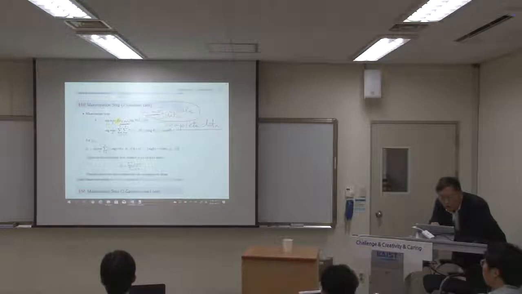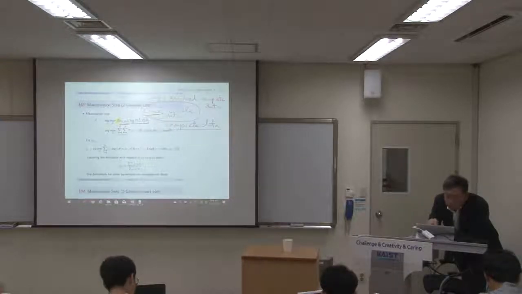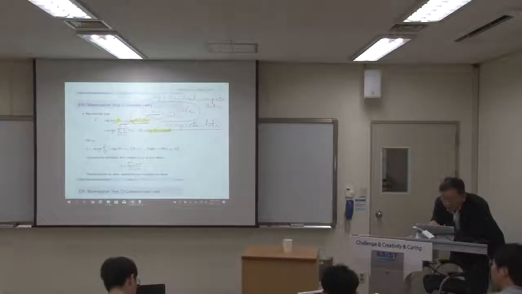So how do you do the log of the likelihood of the complete data? So this is the log likelihood of complete data. Right there. And you can write it like that. There it is. And the expectation is over that.